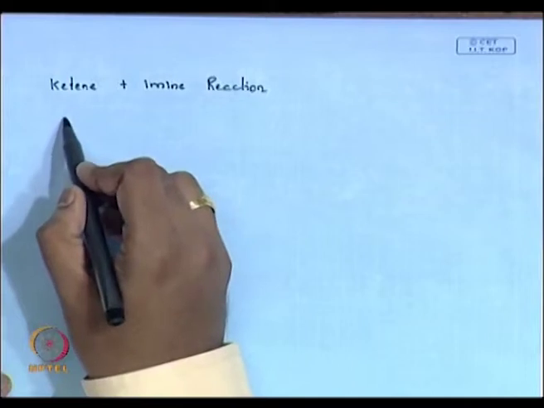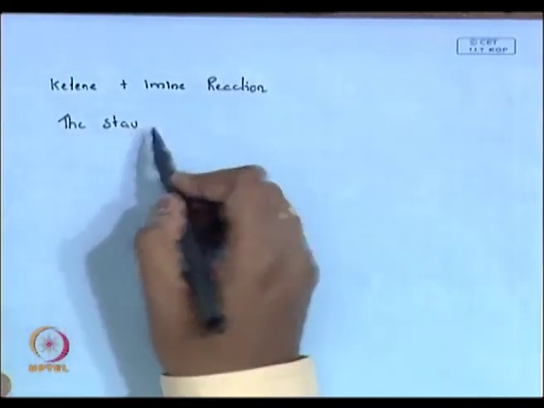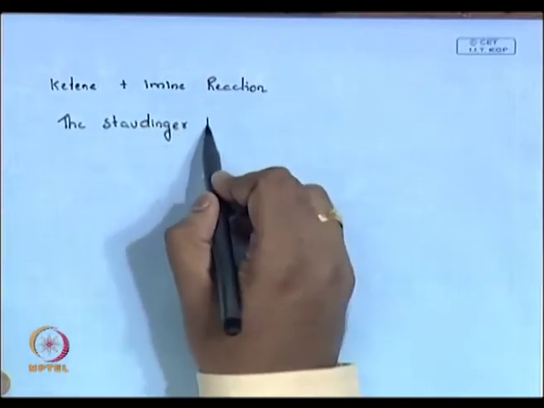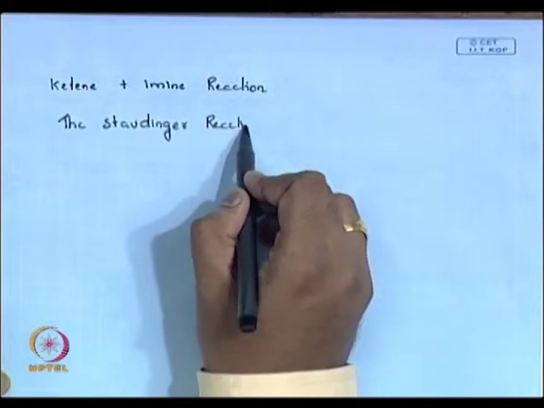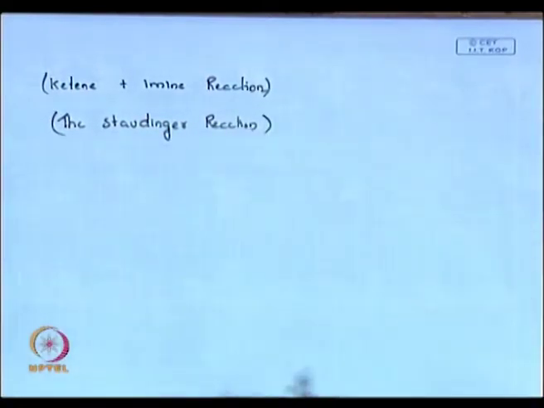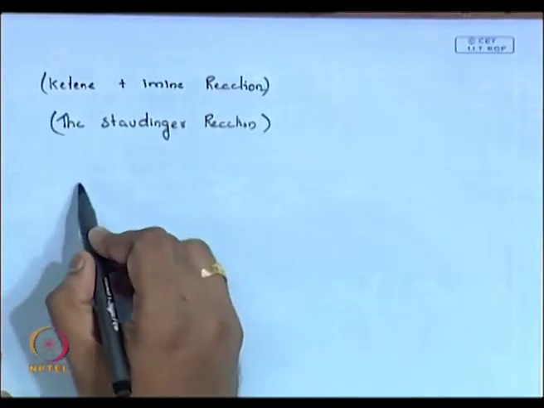You can call them Staudinger reactions. Most of these you can call the ketene plus imine, the famous Staudinger reaction, to give you beta lactams. So, we will take one example and try to understand it.